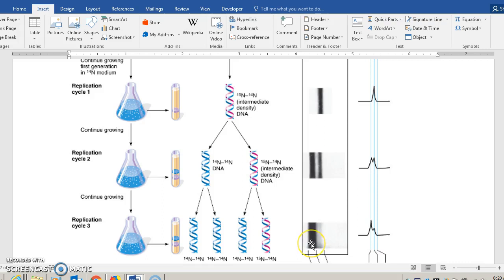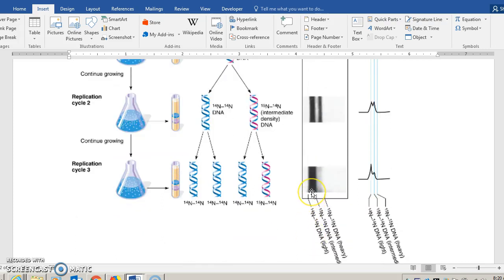And you can see in the scans it's getting thicker and thicker. The nitrogen-15, nitrogen-14 is not as thick, not as dark, and there is no nitrogen-15, nitrogen-15. And here on the scan over on the far right, you can see the nitrogen-14 peak is getting larger. And if we carried this out even further, it would get larger and larger.